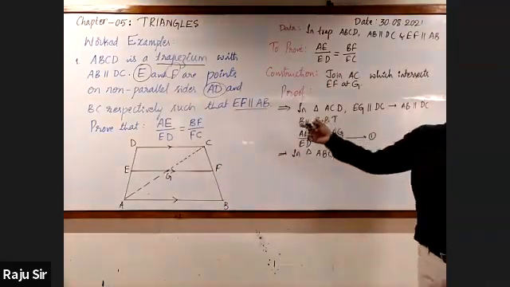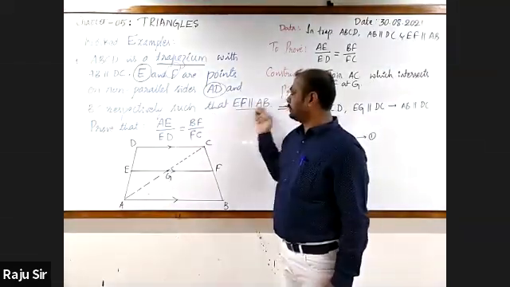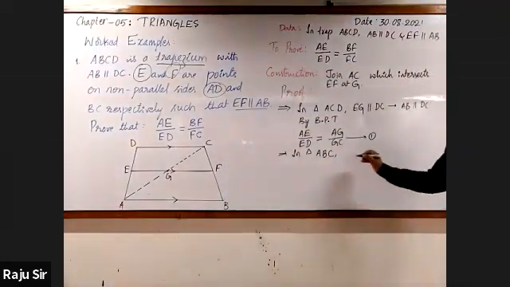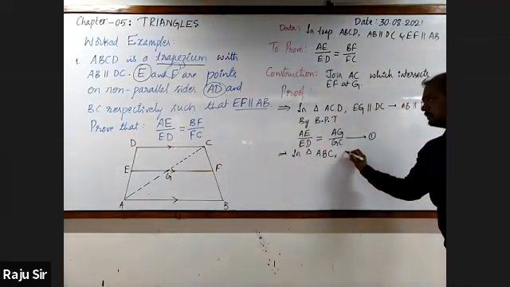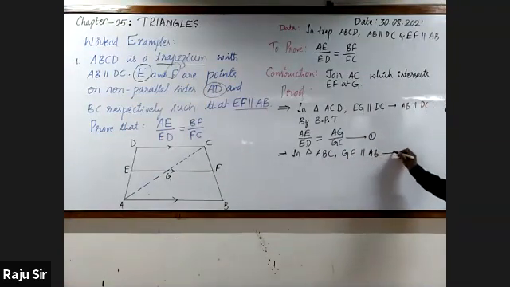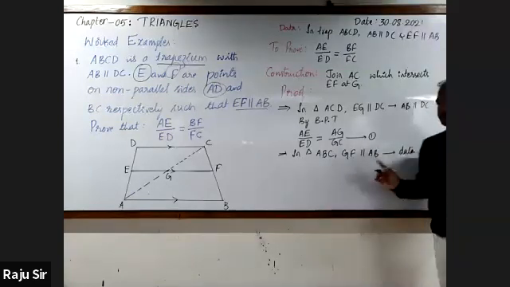Because AB parallel to DC. As I said in the data, EF is parallel to AB. You can write that also, even as it is from the data.